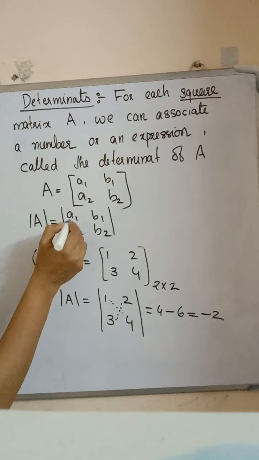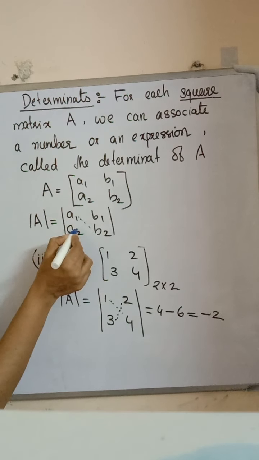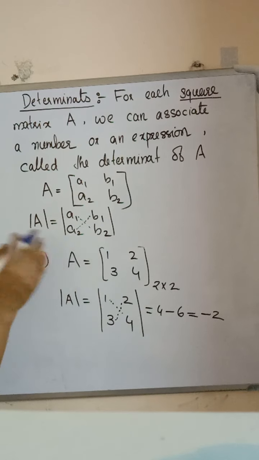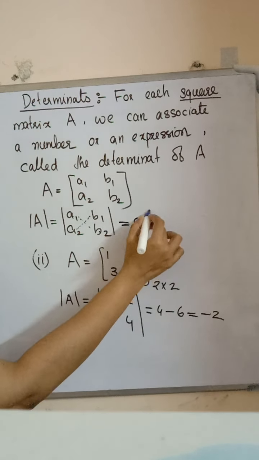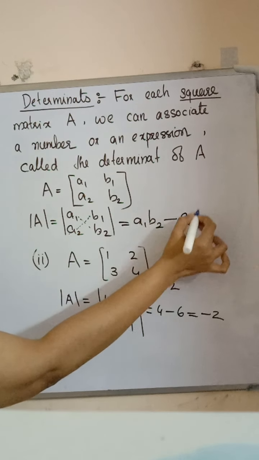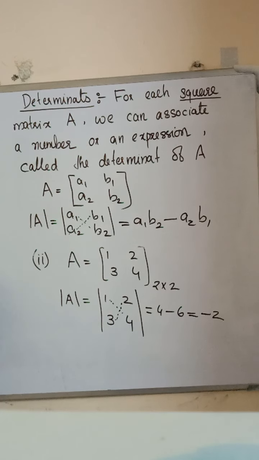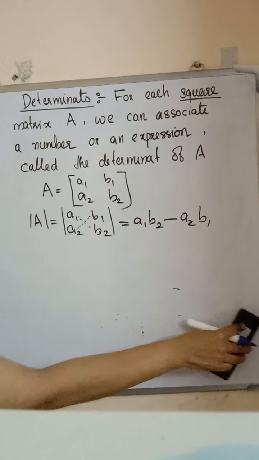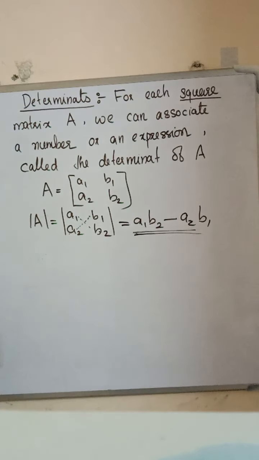This determinant equals: first we multiply the main diagonal and the non-diagonal and subtract the products. Here a1 b2 minus a2 b1. This method is applicable for a 2 cross 2 matrix.